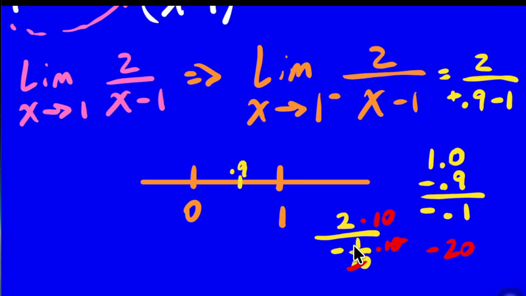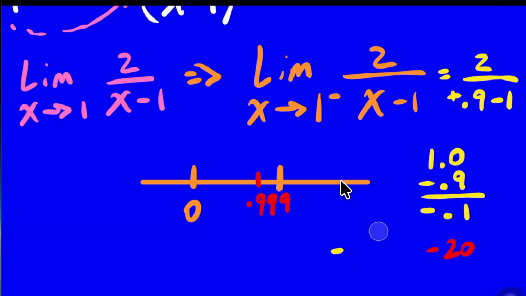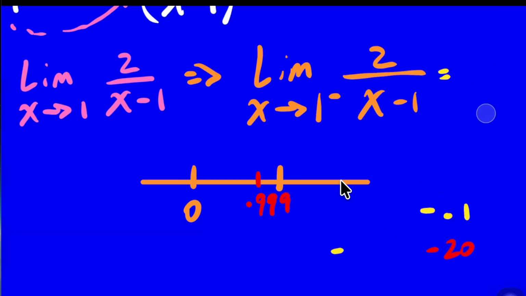Okay, now look what happens, folks, when we put in a number closer to 1. Let's put in 0.999 and see where that takes us. Okay, so now we're going to put 0.999. So again, we're going to do 0.999 minus 1. And when we do that, we're going to do big minus small.